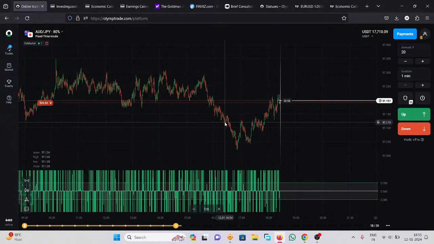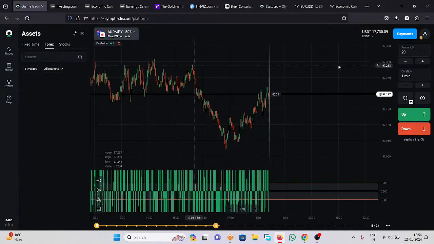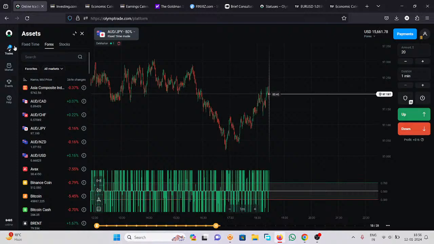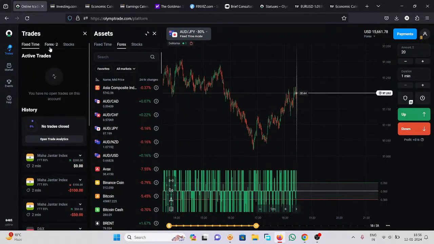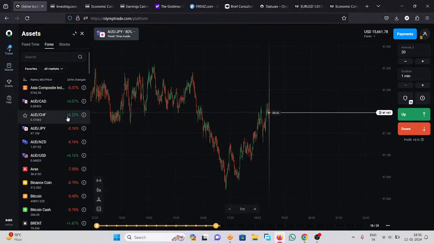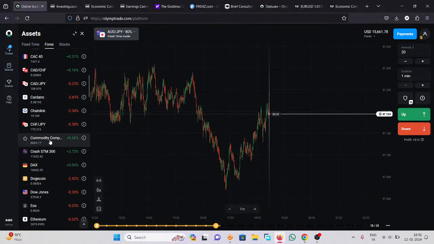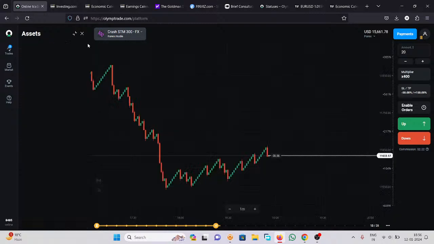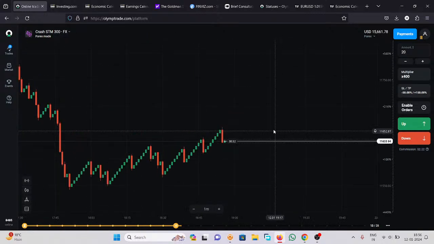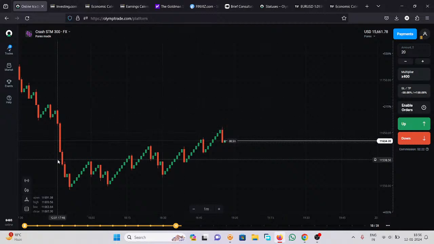Ganesh Jat asks about the Crash 300 index in forex. If you provide me the proper question, like whether you wanted to open a trade in the crash index. See, in forex, the crash index is a highly volatile asset. Remember, the crash index is a highly volatile asset. So basically, the crash index works with different parameters. You shouldn't open a trade in the crash index in a downtrend situation.